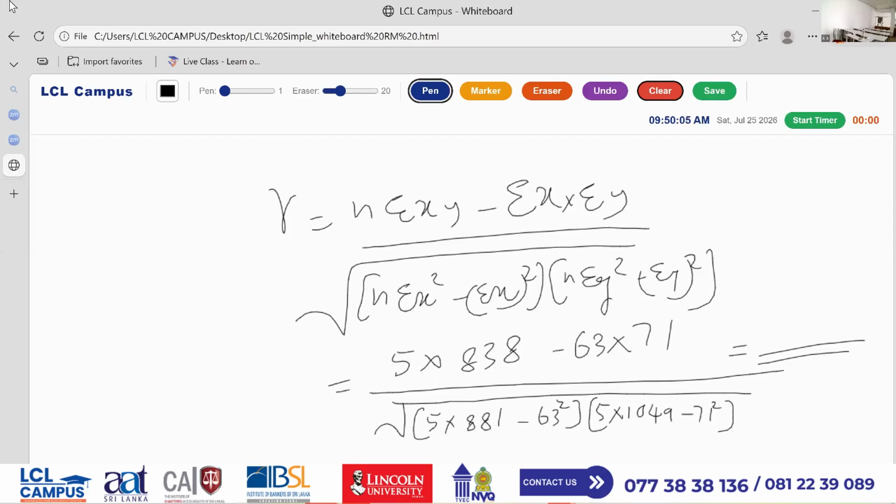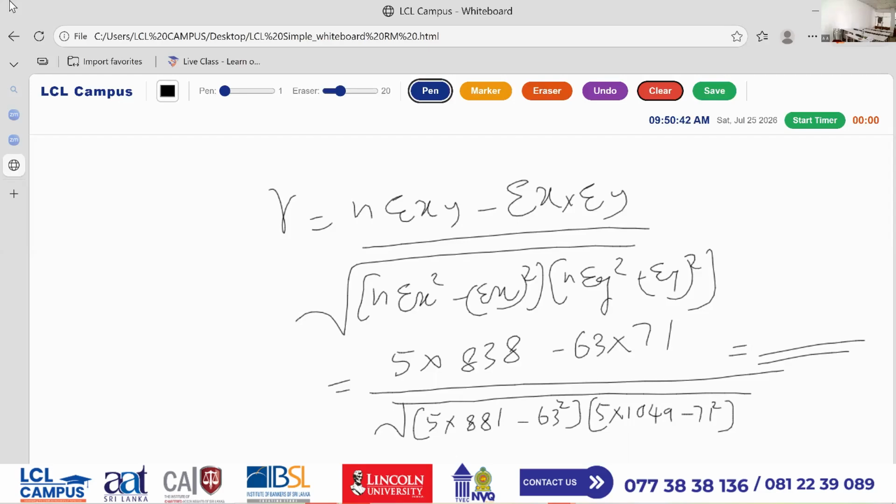Divide. Square root. Two brackets. Bracket 5 into 881 minus 63 squared, plus again start 5 into 1049 minus 71 squared, close, equals.